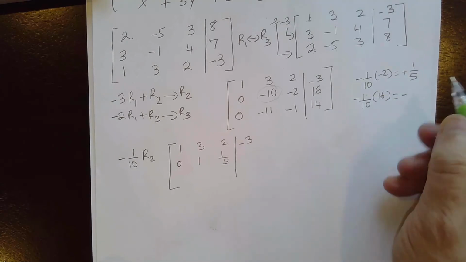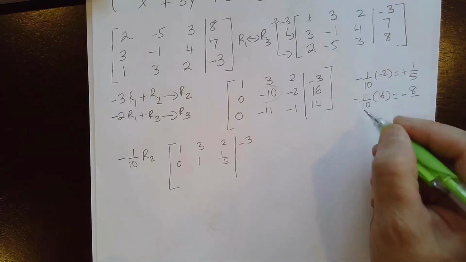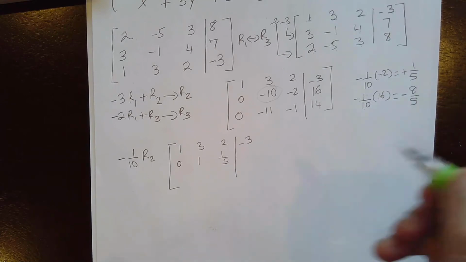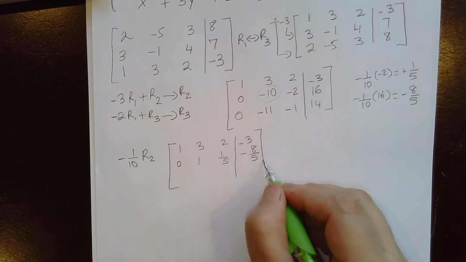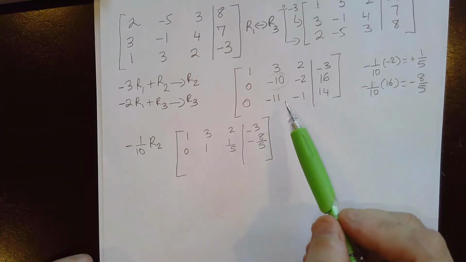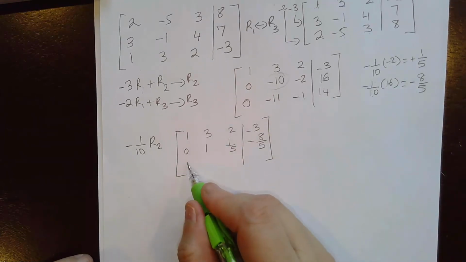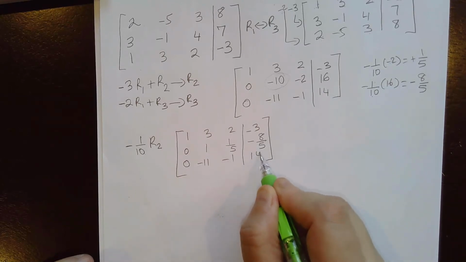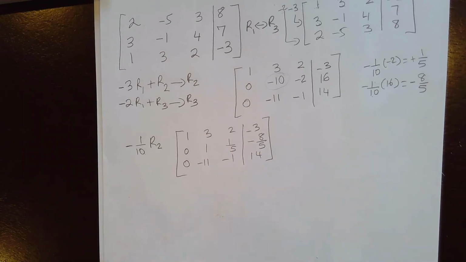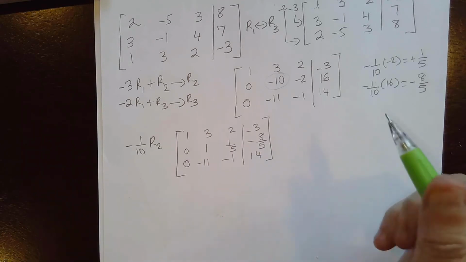They're both divisible by 2. 16 divided by 2 is 8. 10 divided by 2 is 5. So negative 8 over 5. Okay. So now we write row 3 as is. We're getting closer to what we want here.